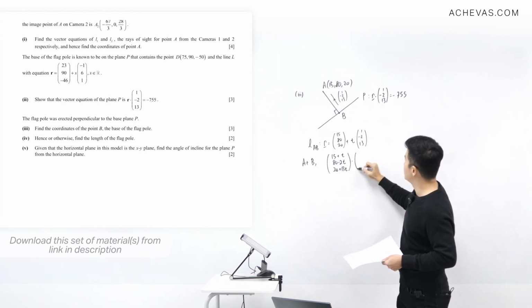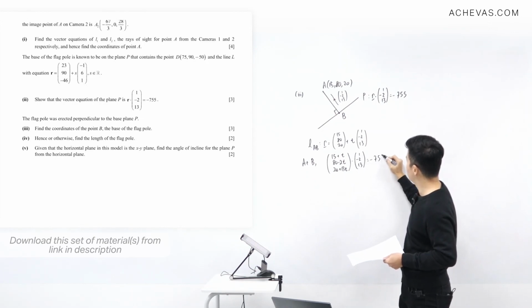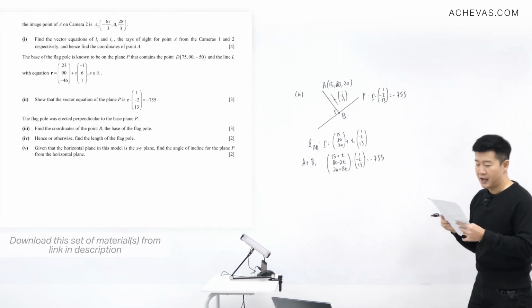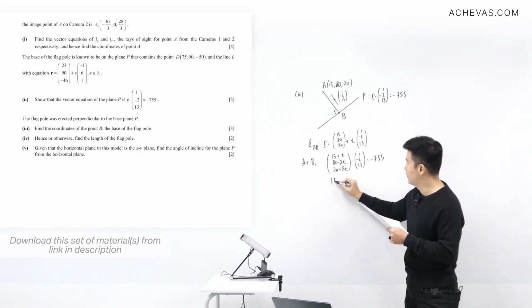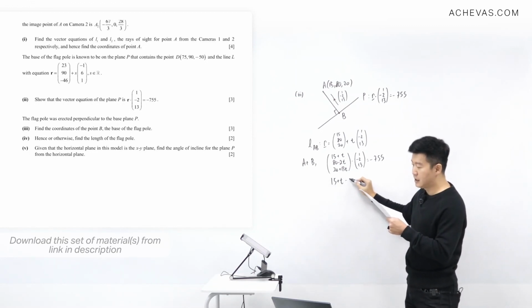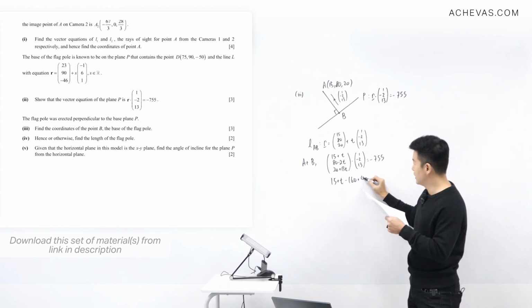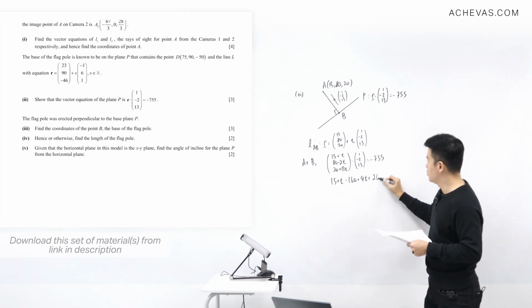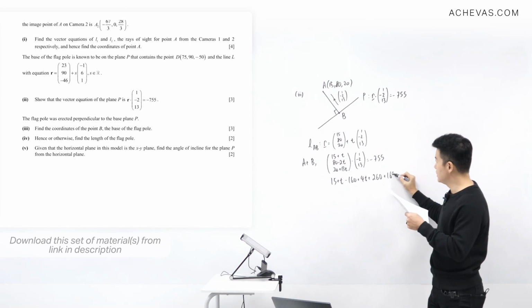So this substituted inside, dot 1, negative 2, 13, is negative 755. And working this out, we have 15 plus t, then negative 160 plus 4t, plus 260 plus 1690.